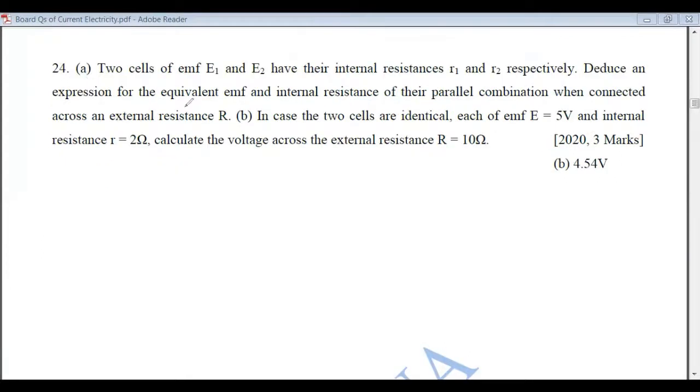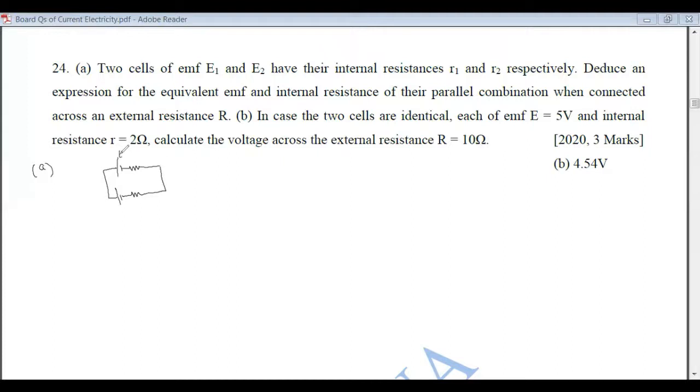Question number 24, which has come in 2020 for 3 marks. The A part is: two cells of EMF E1 and E2 and their internal resistances R1, R2 respectively are connected in parallel. Let's draw the circuit diagram.